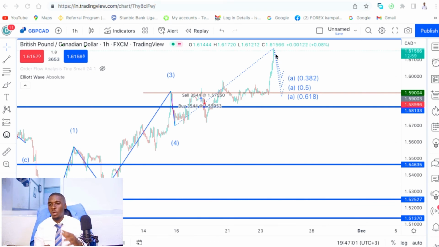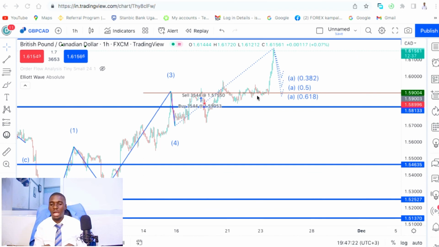Like in this case, we're looking at selling or shorting the GBP Canadian dollar because of what Elliott says. Because we have wave 1, wave 2, wave 3, wave 4, wave 5, which is the first motive phase. Then lastly, the corrective phase, which hasn't yet formed. However, this doesn't apply only to the corrective phase.